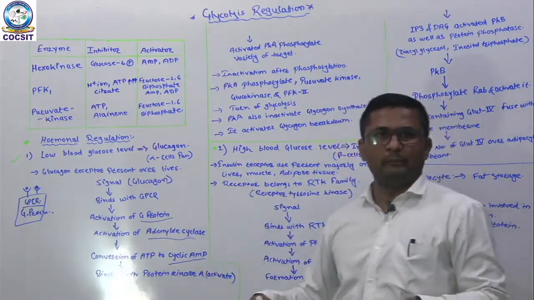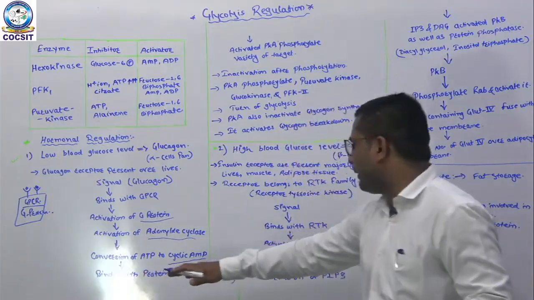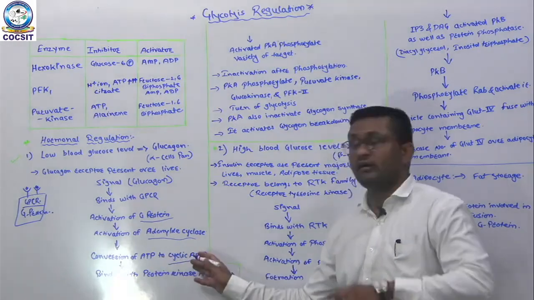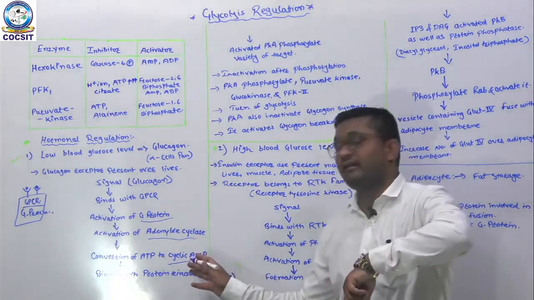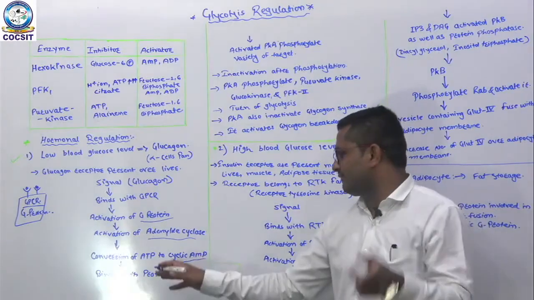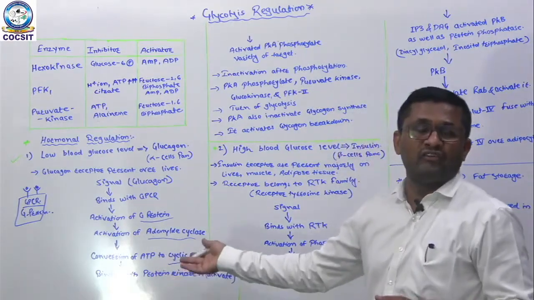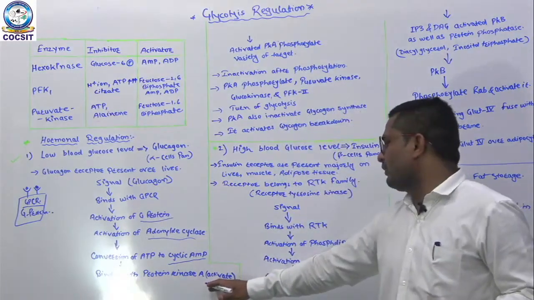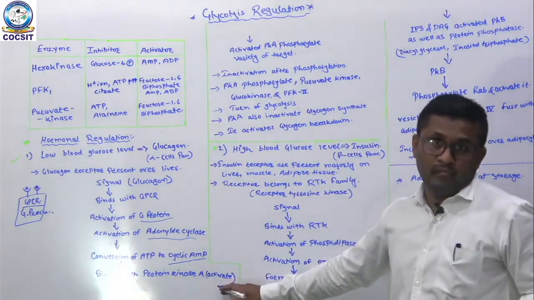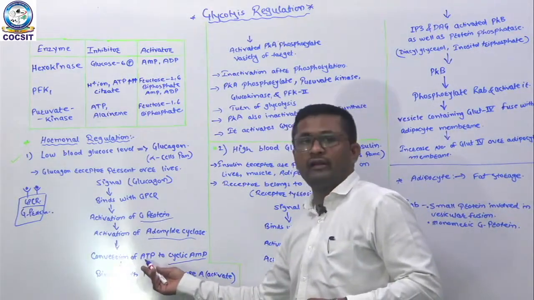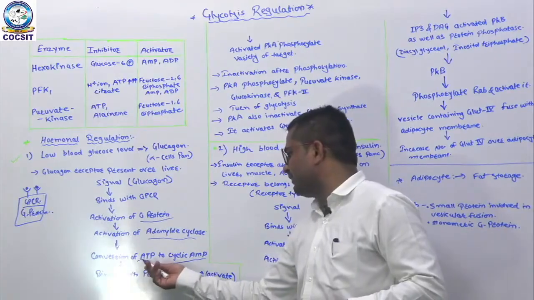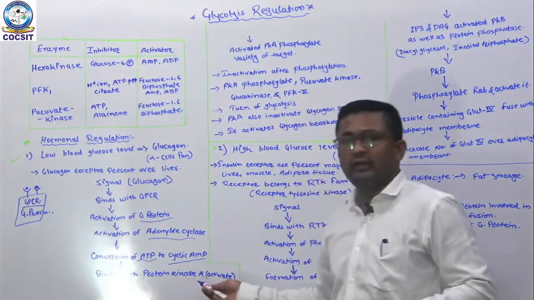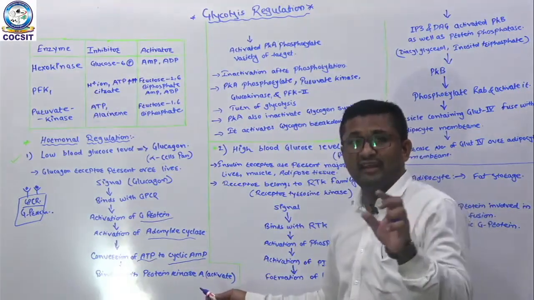The impact of this cyclic AMP is that it will bind with protein kinase, because ATP is getting converted into cyclic AMP, right? And that's why the inorganic phosphate which is released here will bind with protein kinase A, that is PKA.